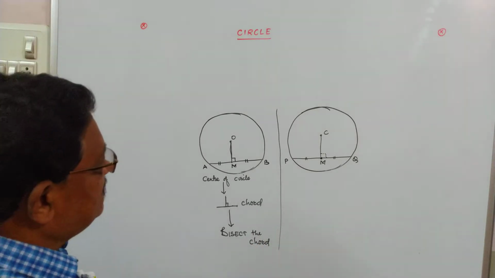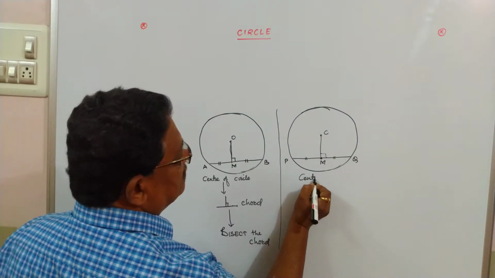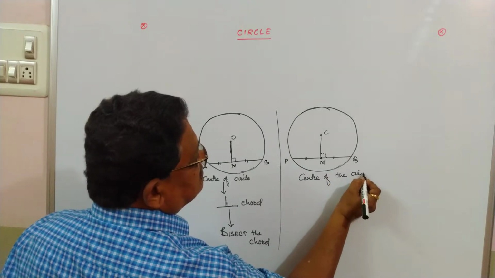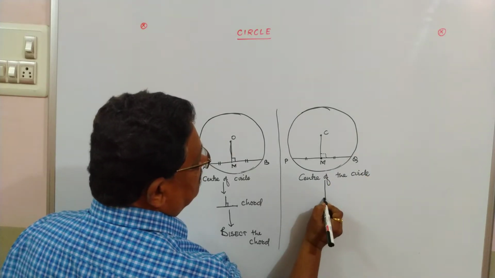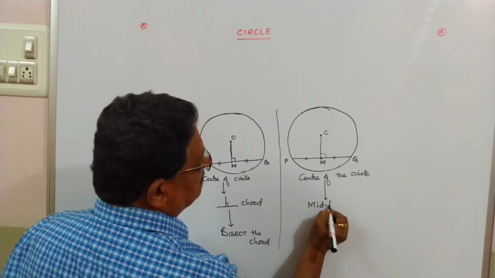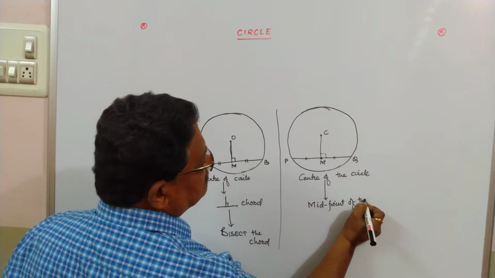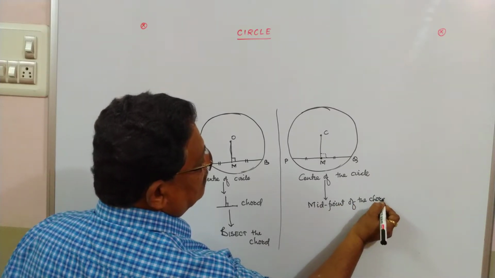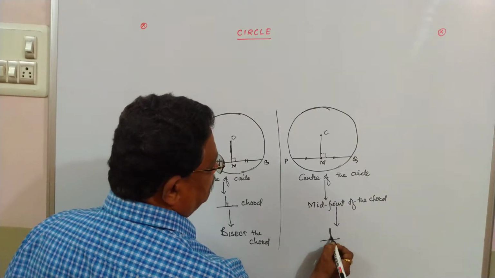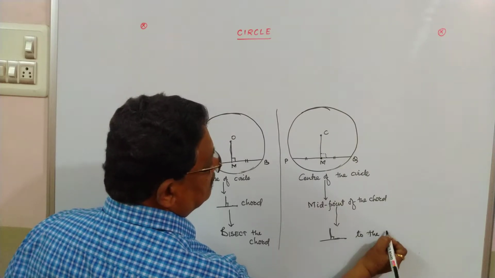Its converse is again, line joining center of the circle and midpoint of the chord, then it is always perpendicular to the chord.